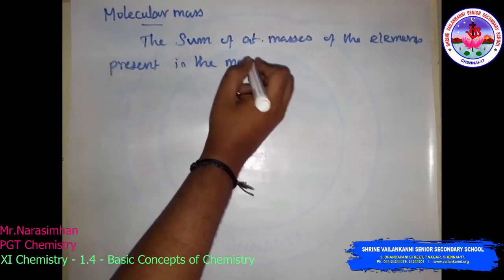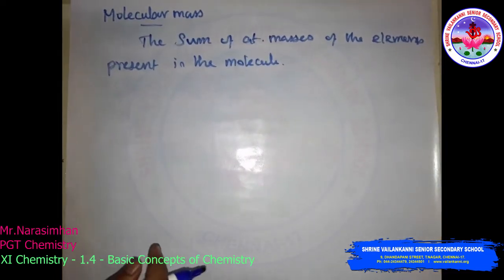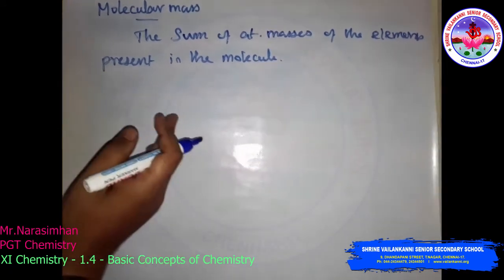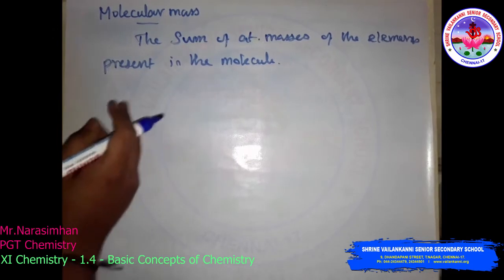So this is called molecular mass. It is obtained by multiplying the atomic mass of each element by the number of its atoms and adding them together.